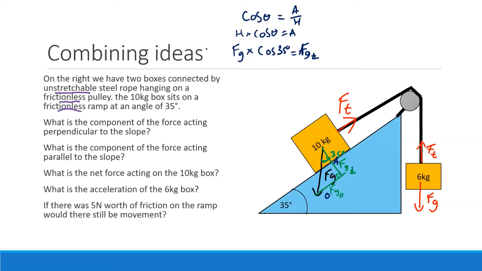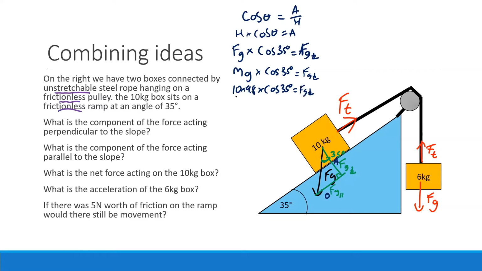So Fg perpendicular is going to be mass times gravity times cosine 35. Mass times gravity is 10 times 9.8 times cosine 35 degrees equals Fg perpendicular.